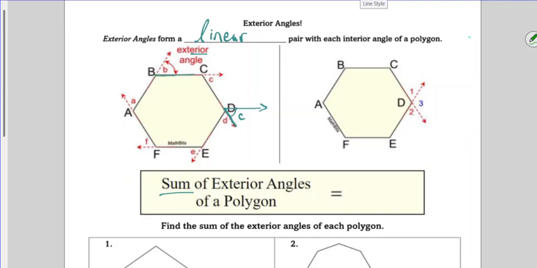I'm going to actually do that with each of these vertices. Angle B is created from this ray and this ray. Well, I already started that. That line and that line are the same.